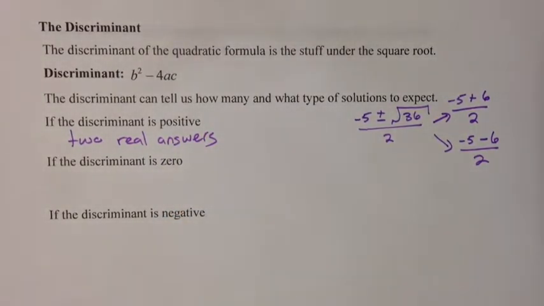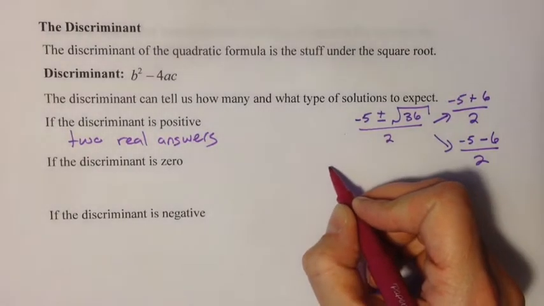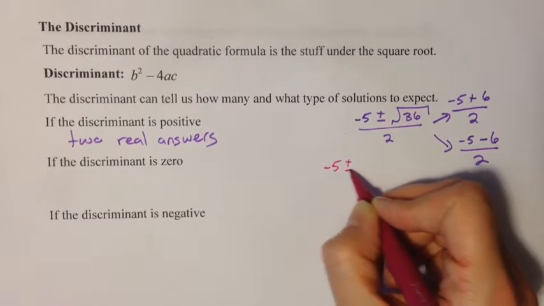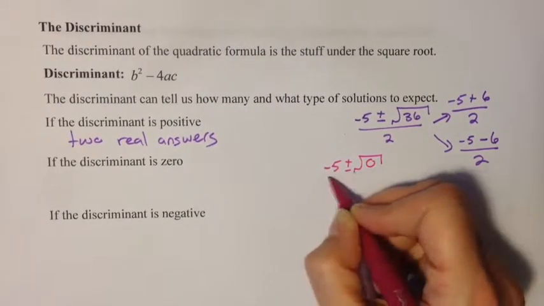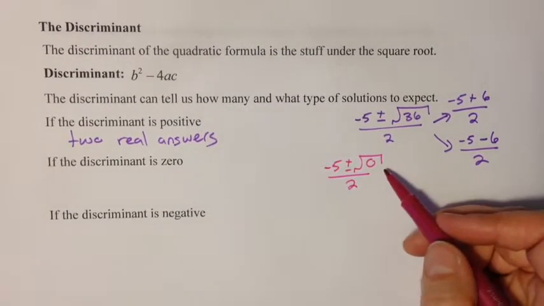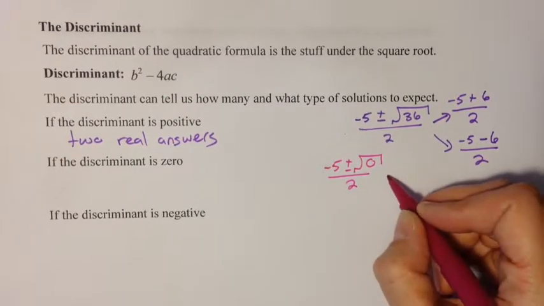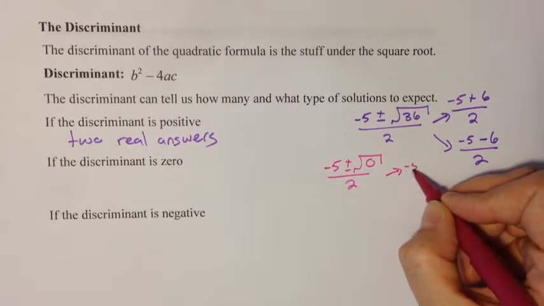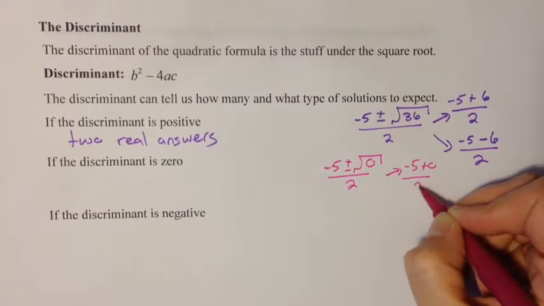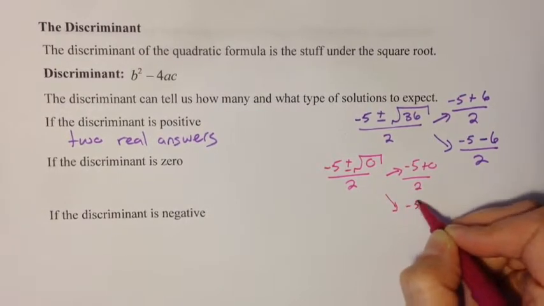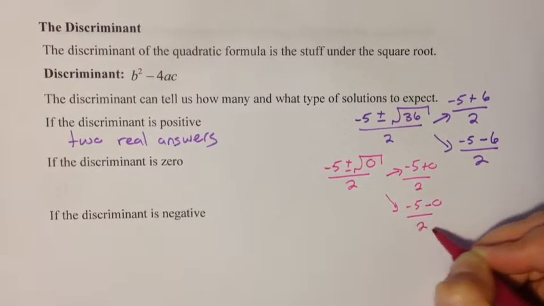Now let's take that same situation and say that the discriminant this time is 0, so the stuff under the square root is 0. Then I would have something like -5 plus or minus the square root of 0 over 2. But the square root of 0 is 0. So when I break this out, I get -5 plus 0 over 2, and I get -5 minus 0 over 2.